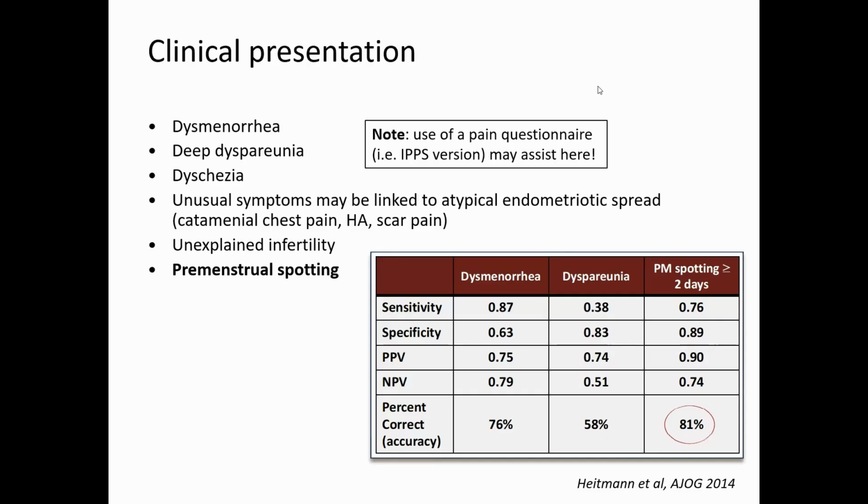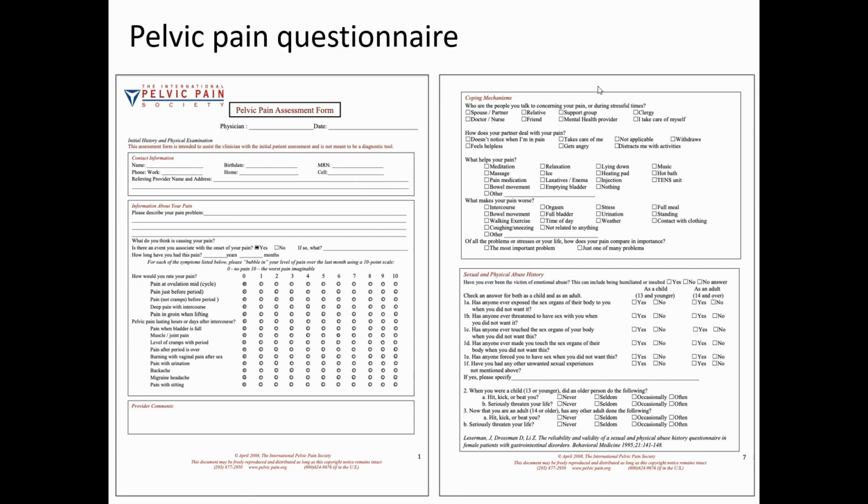One of the constructs that I like to use when I'm treating a patient with endometriosis-associated pain is the International Pelvic Pain Society's intake questionnaire. And this questionnaire is very extensive and allows me to gain insights with regards to the impact of the condition on quality of life, different approaches that have been tried prior to the presentation in my office, as well as some of the patient's goals associated with treatment.